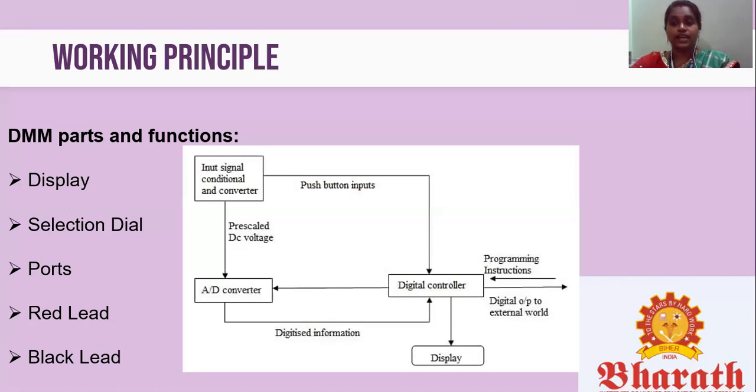The second is the selection dial. It allows the user to set the multimeter to read different electrical parameters such as milliamps, mA, of current, voltage, resistance, capacitance, etc. We can easily turn the dial to any position for specific parameter measurement.